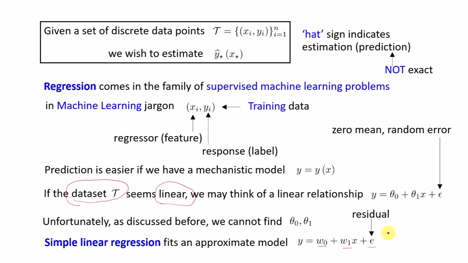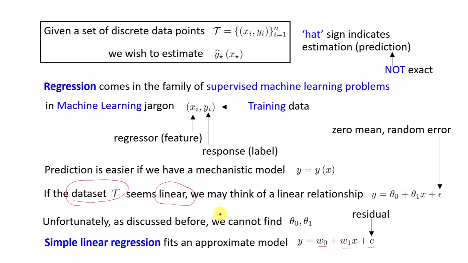This is not the same as the experimental error. Just as w naught and w1 are not the same as theta naught and theta 1, w naught and w1 are certain estimations of theta naught and theta 1.